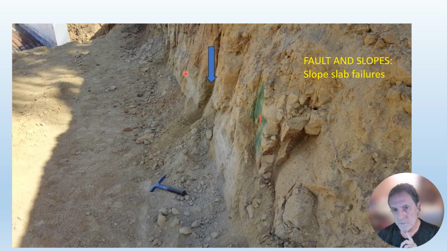But you'll notice this is the actual fault that I mapped and marked, and it turns out that this fault goes through sandstone, formational sandstone, which again is dense, but it's broken up by fractures that are parallel to the fault. And so when they're excavating this slope, these slabs were sliding out like so along these fractures.